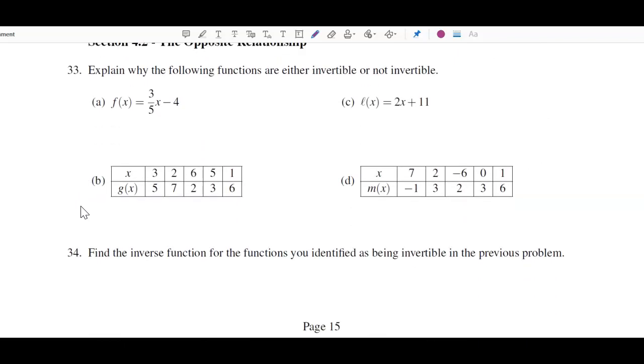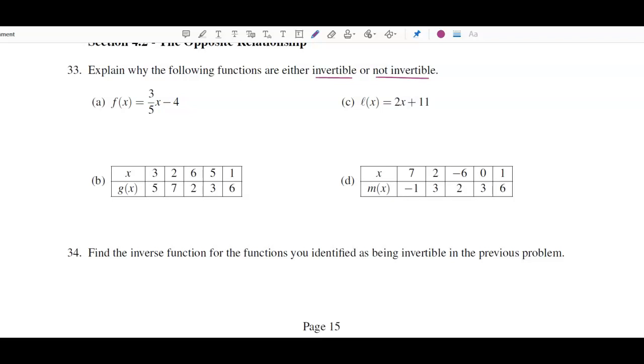All right, so if we look at this, it says to tell whether these are invertible or not, meaning, can we find the inverse of these or not? And we said if something is invertible, it means it's a one-to-one function.